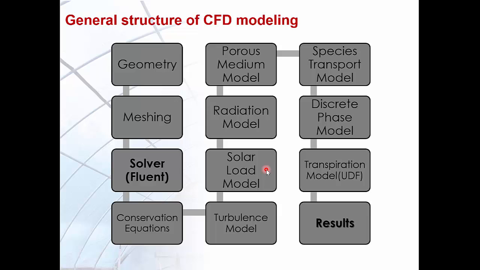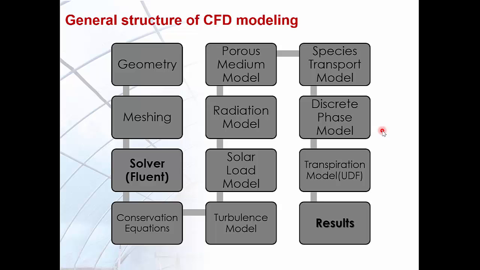A porous medium model approach is used to characterize the crop existence in the greenhouse domain to evaluate the resistance of the crop canopy against the airflow. We can also use species transport models and discrete phase models, for instance, to evaluate evaporative cooling, such as the high pressure fogging system used for greenhouse cooling, or if we are interested in analyzing gas concentrations inside the greenhouse system.